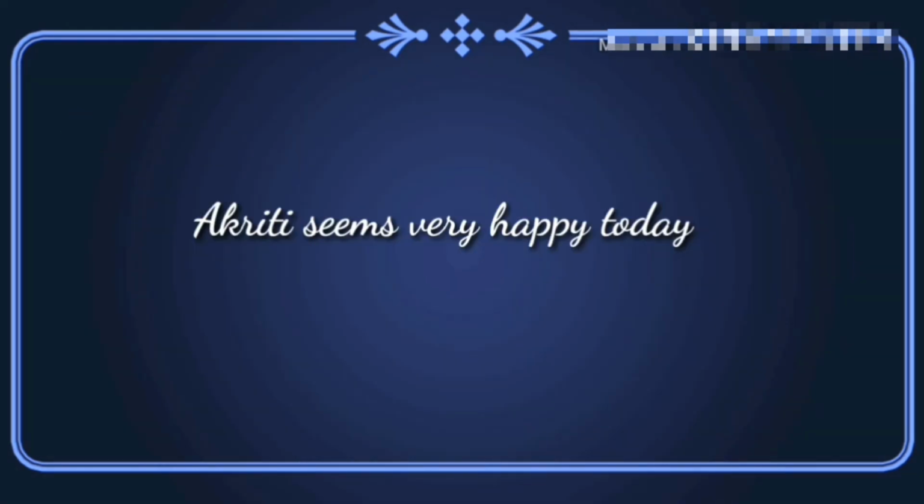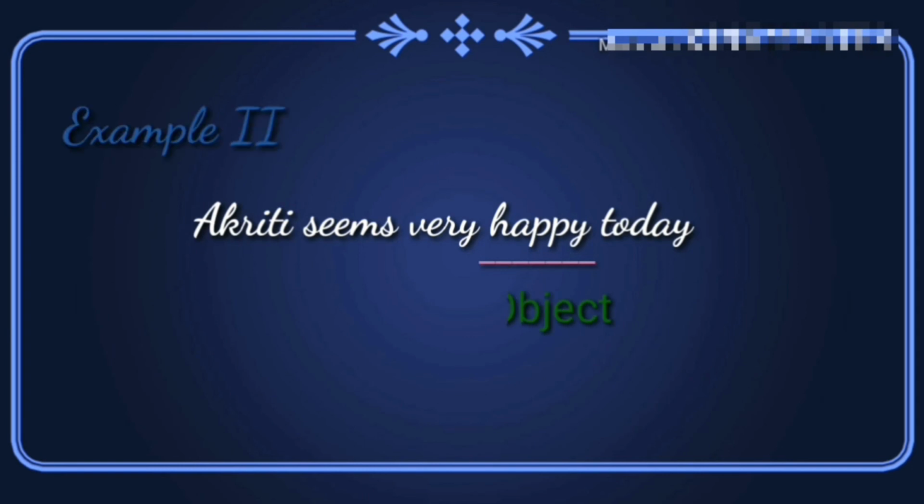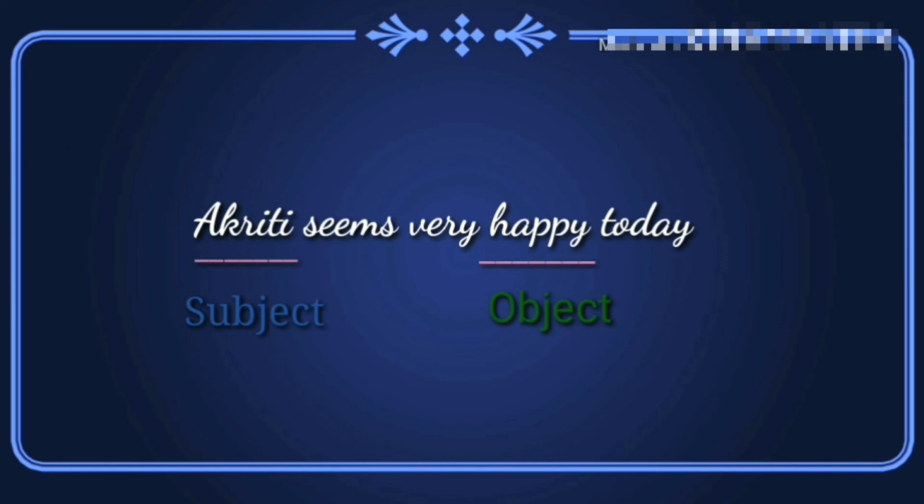Let us see one more example of object. Akriti seems very happy today. Here happy, it is an object, but it is not any object upon which our subject is performing an action. It is actually affected by our subject.